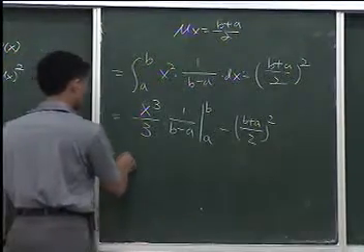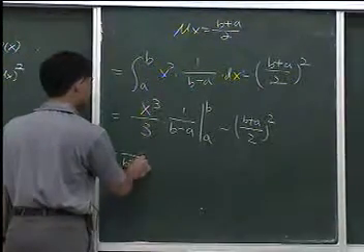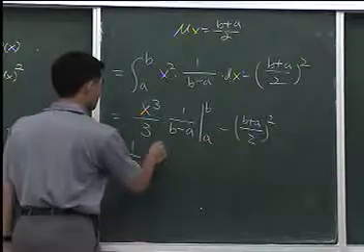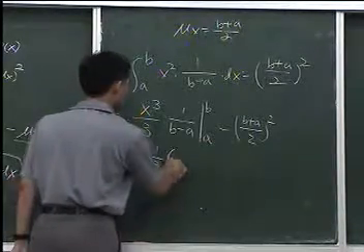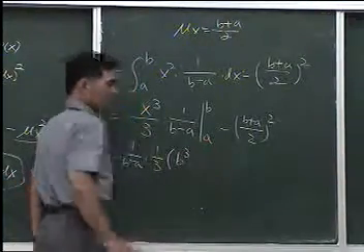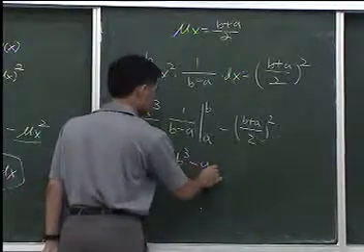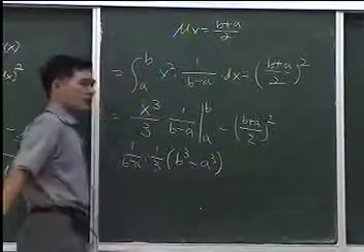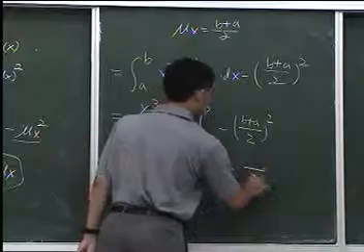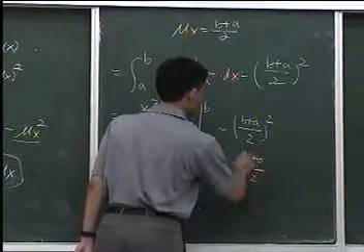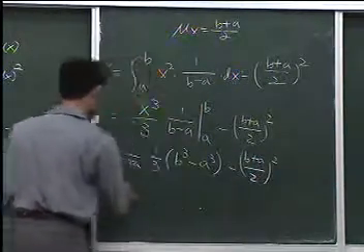You get b minus a and 1 over 3, and this one will be b to the 3rd power minus a to the 3rd power, and minus b plus a squared.